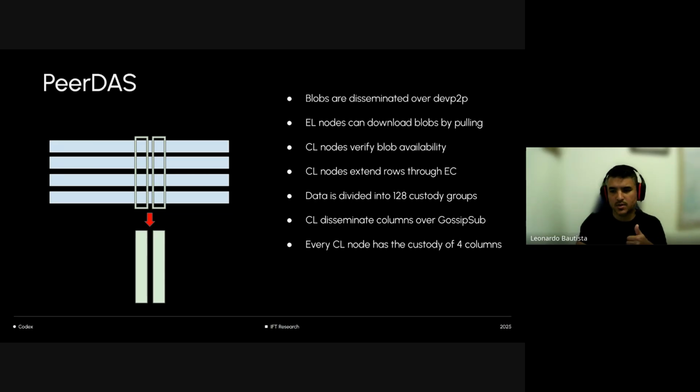I think Lighthouse already implemented it, Prysm already implemented it, I think Teku already implemented it. Probably the large majority of the network is already running with IDONTWANT, which is, once you receive the data, you can send this message to avoid wasting bandwidth. And we are also working on IHAVE, which is a way of gossiping: I have this data, I'm not going to send it to you, but if you want it, you can ask for it.